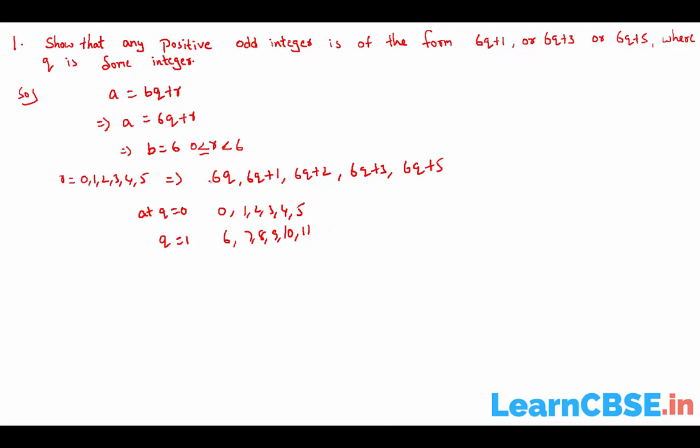Now from this, 6q can be written as 2 into 3q. 6q plus 1 can be written as 2 into 3q plus 1.